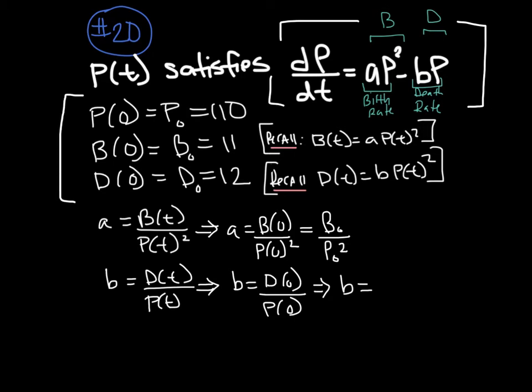We know what P of 0, B of 0, and D of 0 are from the problem: 110, 11, and 12. I derived all of this from number 20. It states 11 births per month, 12 deaths per month, and so forth.